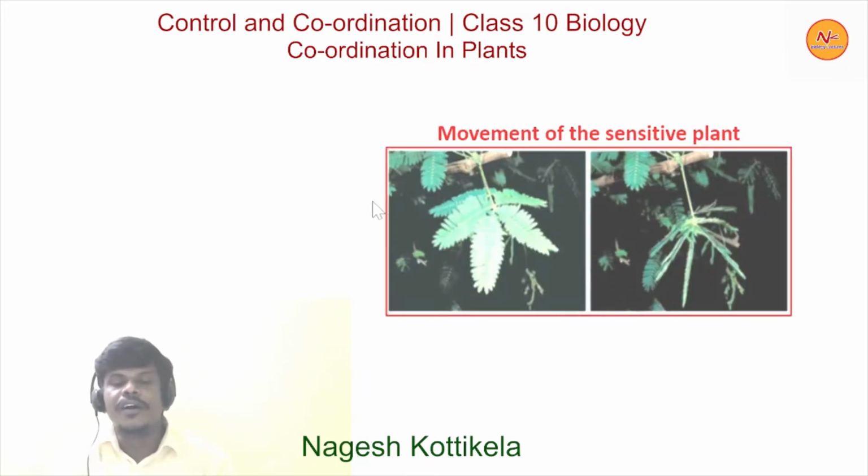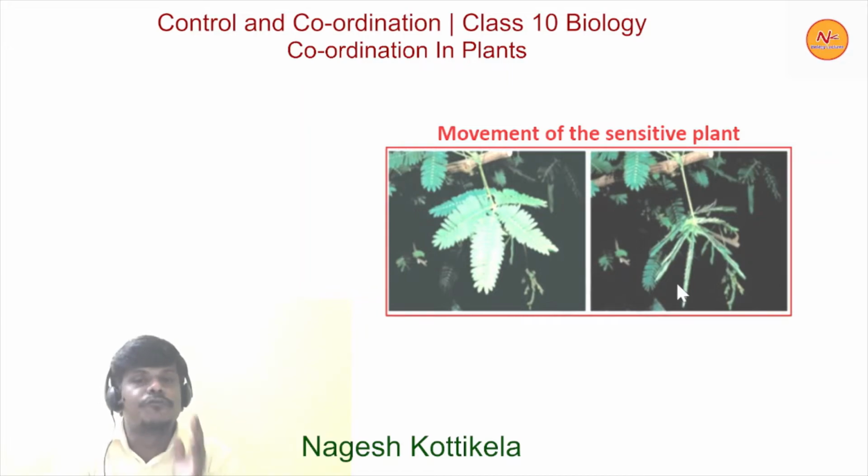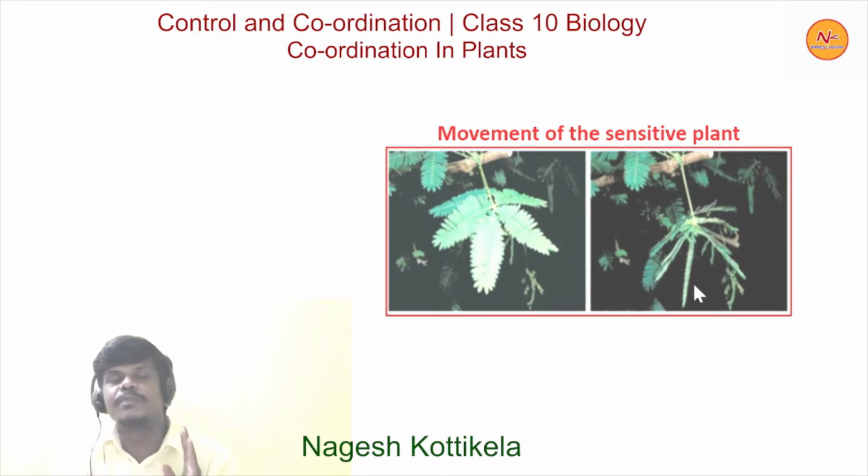So when water enters into plant cells, the plant cells swell, and when water is lost from the cells, they shrink. Because of this swelling and shrinking of plant cells, the information is communicated from one part of the leaf to the other part, and as a result all these leaflets get folded, and this is how drooping of the leaves is found in the case of the touch-me-not plant.